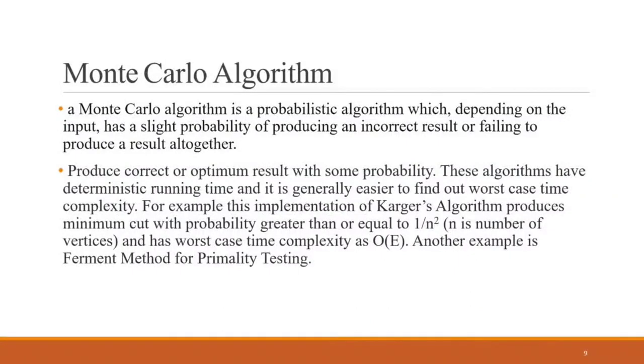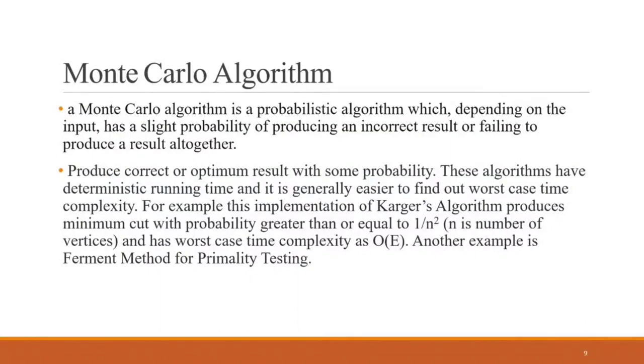Monte Carlo algorithm. A Monte Carlo algorithm is a probabilistic algorithm which, depending on the input, has a slight probability of producing an incorrect result or failing to produce a result altogether. In a Las Vegas algorithm, we will get a perfect result, but in a Monte Carlo algorithm, we will only get an approximate result. It depends upon some probability value. Sometimes the result will be incorrect or it will fail to produce one.